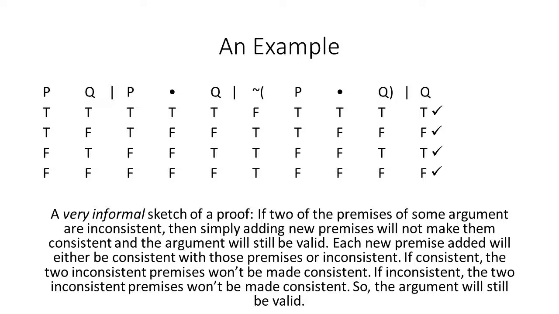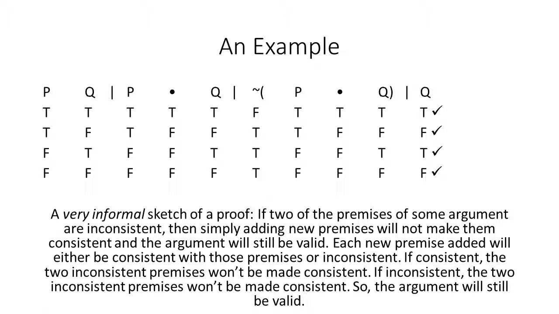Okay, so I'm going to start including some things in the lecture that are maybe more advanced. I think they're interesting. I hope you do as well, but here's a very informal sketch of a proof. If two of the premises of some argument are inconsistent, then simply adding new premises will not make them consistent, and the argument will still be valid.